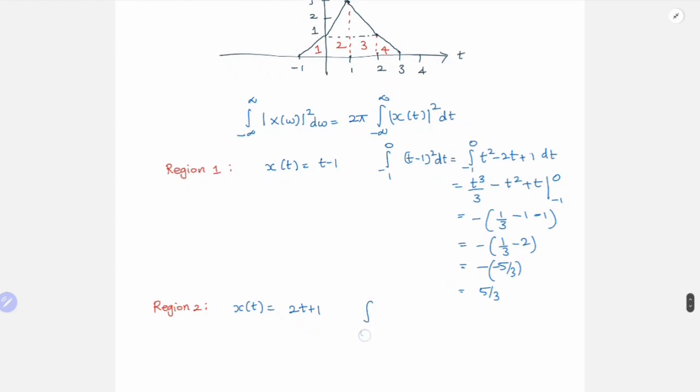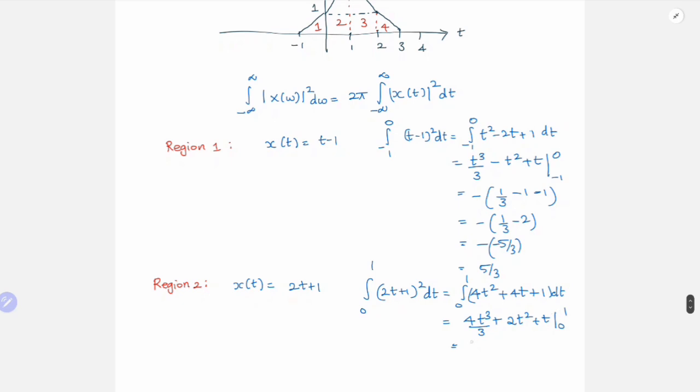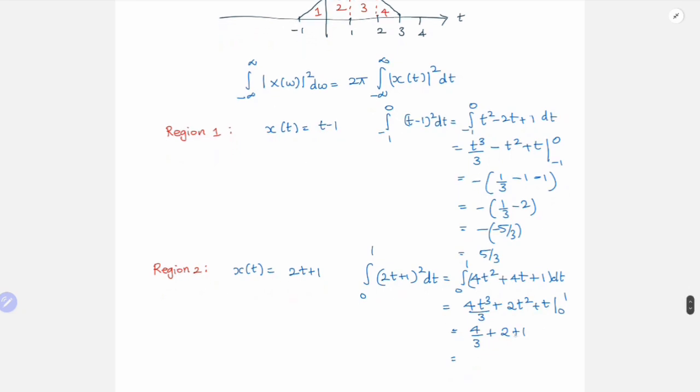So now if I integrate it from 0 to 1, 2t plus 1 whole square dt is nothing but integral 0 to 1, 4t square plus 4t plus 1 into dt. Which is nothing but 4t cube by 3 plus 2t square plus t from 0 to 1. So only the one terms will exist. So 4 by 3 plus 2 plus 1. So this is 4 by 3 plus 3, 13 by 3.